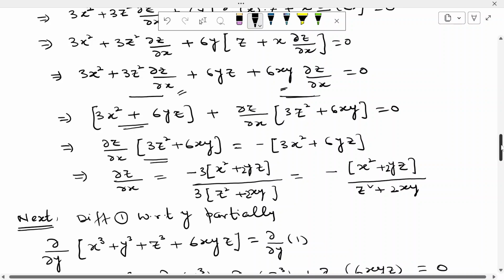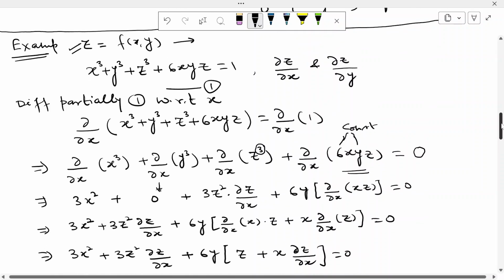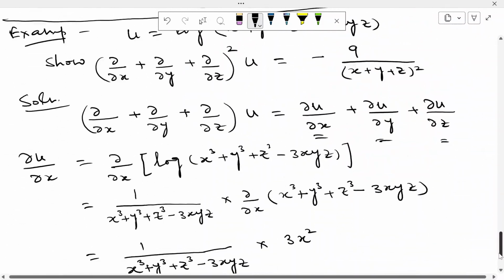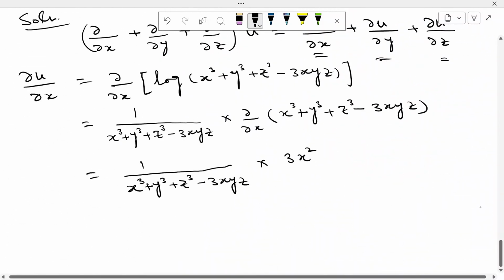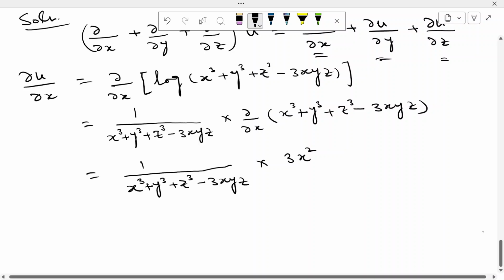We are not considering this 0 there because we were given that z is a function of x and y, while in this problem z is simply a variable. So when you perform the derivative of z cube with respect to x, this is 0.